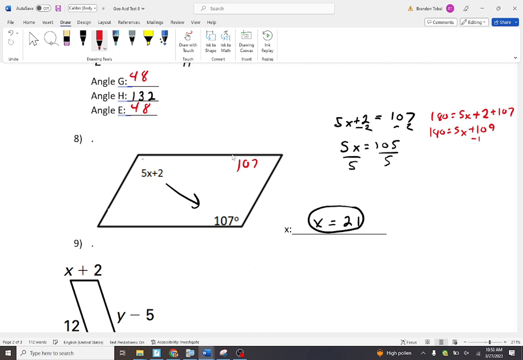So minus 109, minus 109. That'd be 71 equals 5x, divided by 5, divided by 5, x equals 14.2. Again, that's an alternate situation. Be prepared for either situation. Thank you for the question, Nicole.